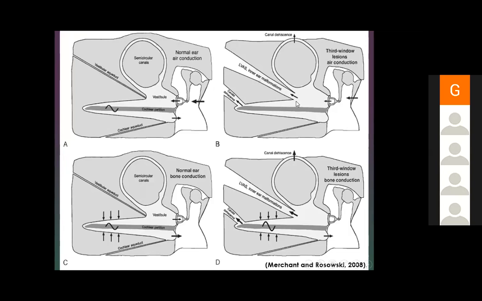While in EVA, or any other third window phenomenon, like superior semicircular canal dehiscence or carotid dehiscence, sound enters from the external ear to the middle ear, and its energy is dispersed into other pathways, not its natural pathway. This is air conduction and this is bone conduction.